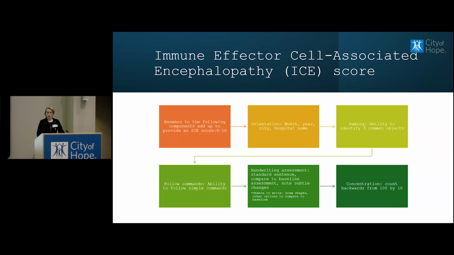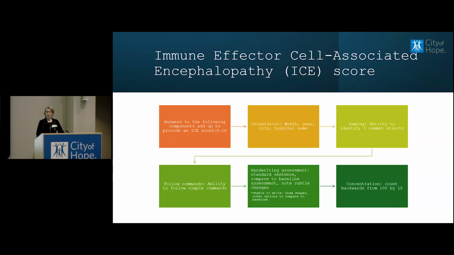And again, the ICE assessment is scored based on the patient's ability to do the following activities. Are they able to answer their orientation questions, name 3 common objects, follow simple commands, write a standard sentence, and has the writing changed any from baseline, and then their ability to concentrate and count backwards from 10. An interesting experience yesterday with a patient who was infused.